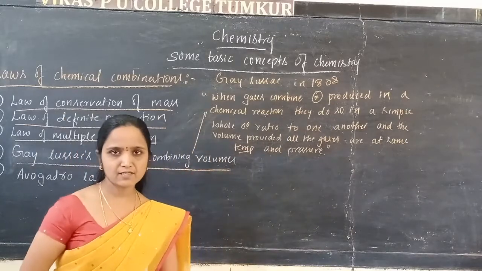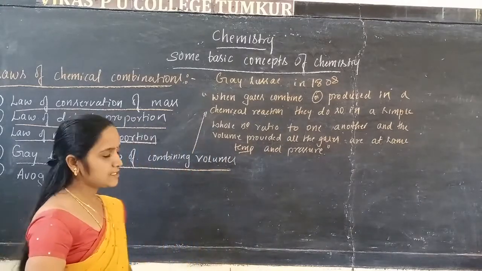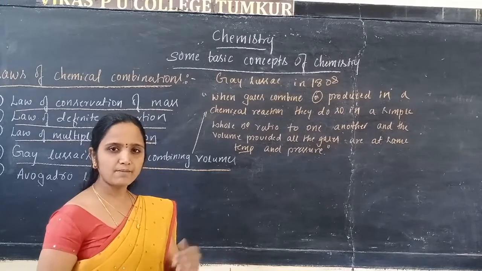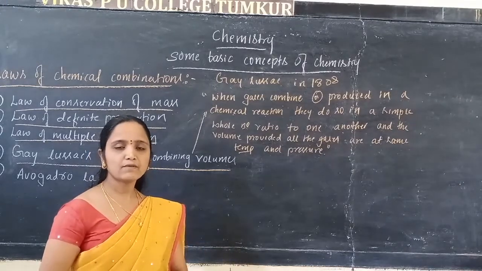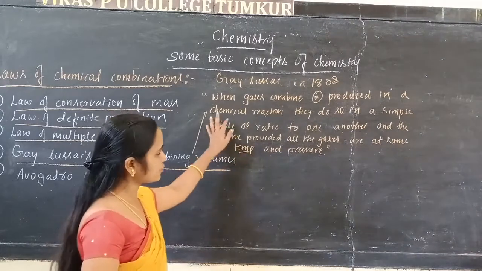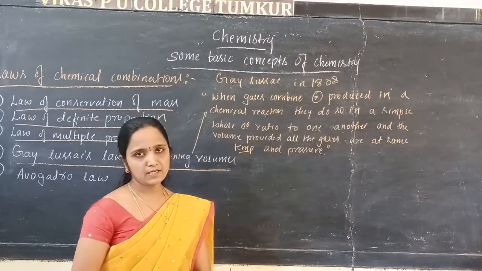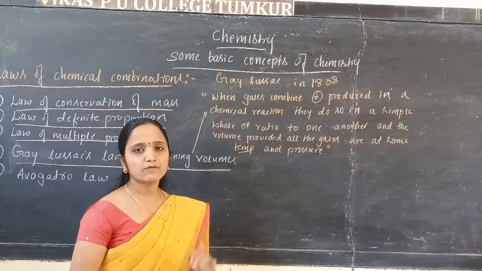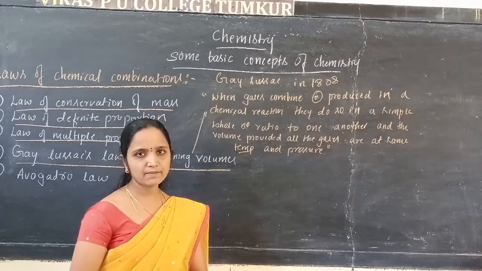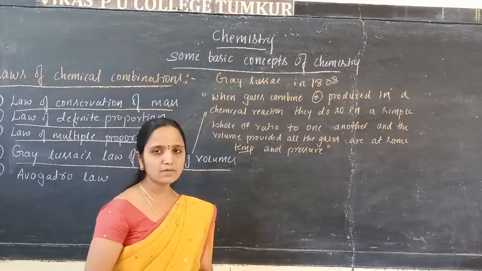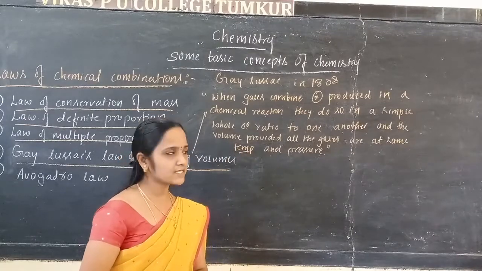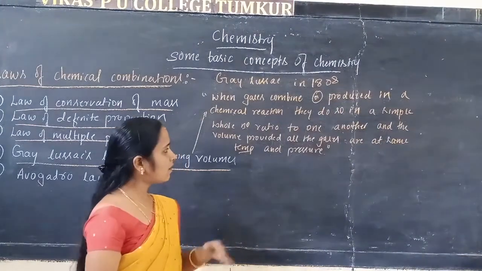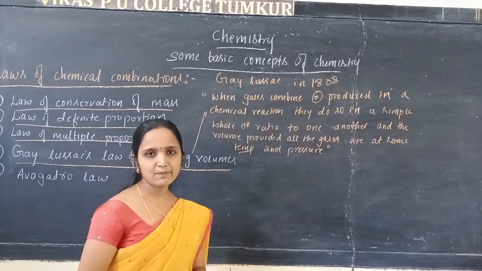This law states that when gases combine or are produced in a chemical reaction, they do so in a simple whole number ratio of volumes to one another, provided all the gases are at the same temperature and pressure.